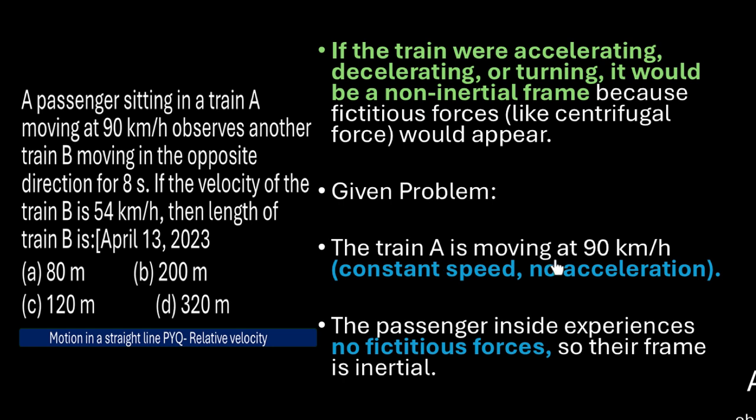Since the train is moving at 90 km per hour, which means it is at constant speed with no acceleration, train A is therefore an inertial frame of reference. So the passenger inside train A will not experience any fictitious forces, so their frame remains inertial.